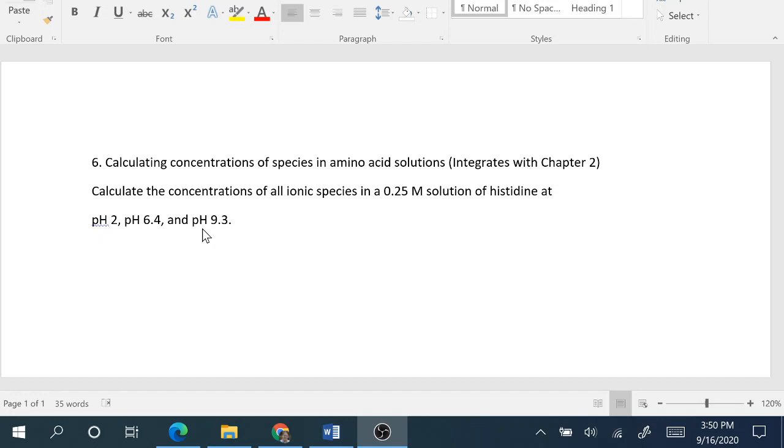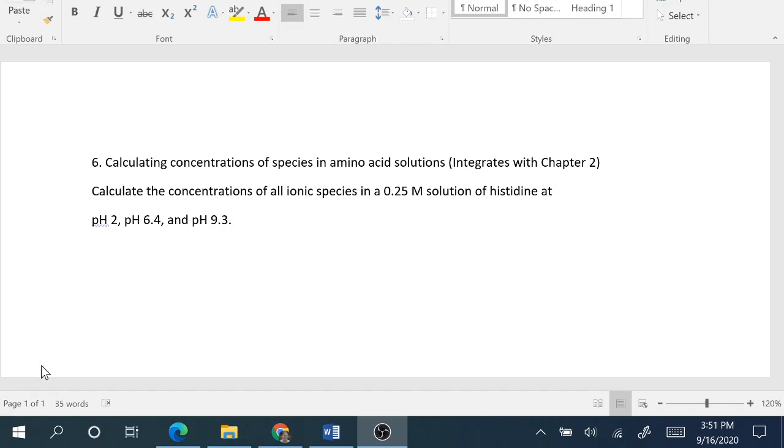So I want to say that it is possible to calculate the concentration of all of these ionic species, and that calculation is done in depth in your study guide. However, I'm going to calculate the concentrations of the major species at those pHs, and I'm going to ignore species that would have negligible concentrations at those pHs, because this is a large problem and it would take me about an hour to work on YouTube, if I did all of them.